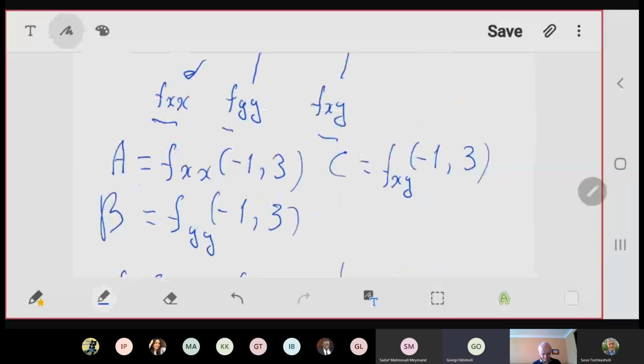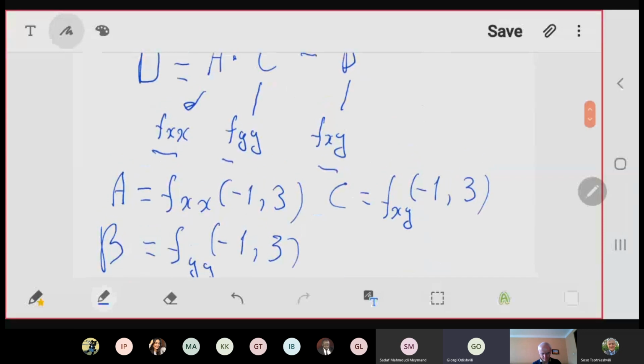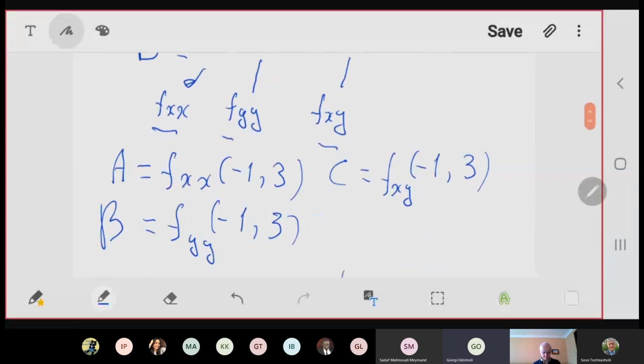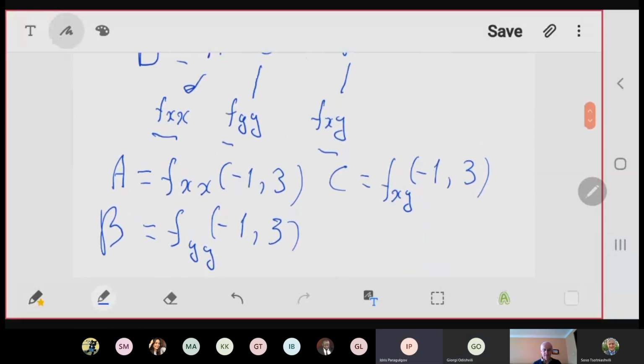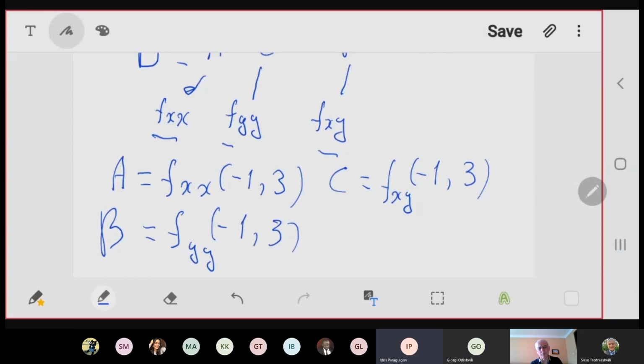I have written C as B in my homework. It doesn't matter which letter you wrote. No, it does matter. However, we should use the same denotations to not confuse. So you are right, Georgi.